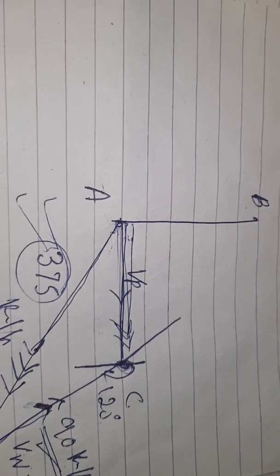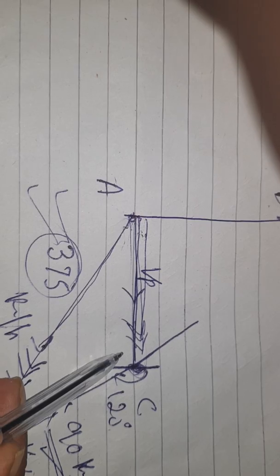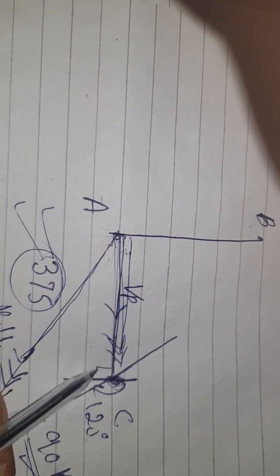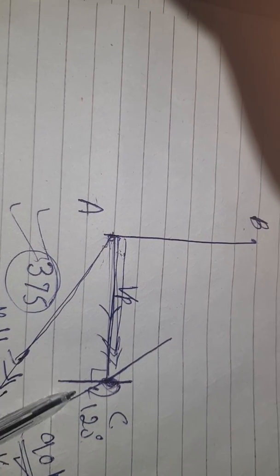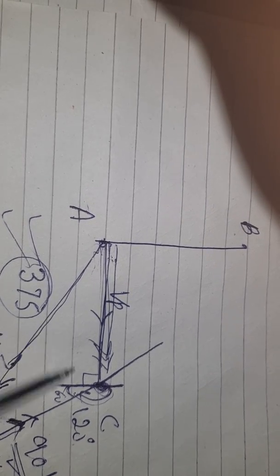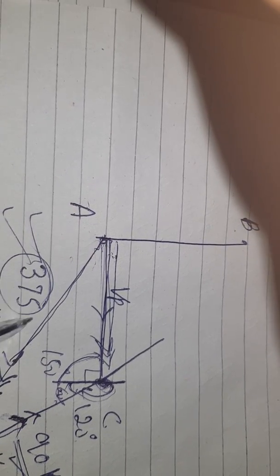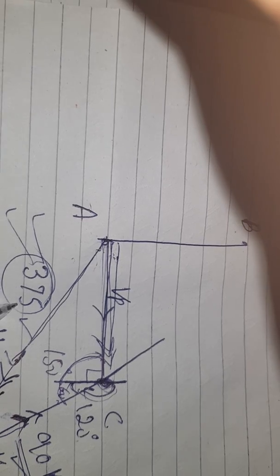And now, he told us that this is east, so this angle is 90 degrees, and as this is bearing, and this angle is 60 degrees, you have 90 plus 60, a 150 degree angle, and this length is given, this length is given.